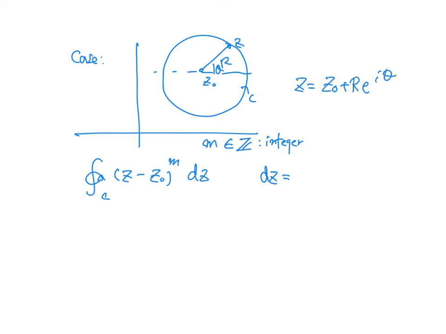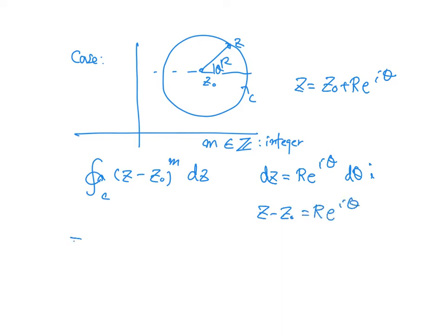So dz will be r exponential I theta, d theta I, and z minus z naught is r exponential I theta.